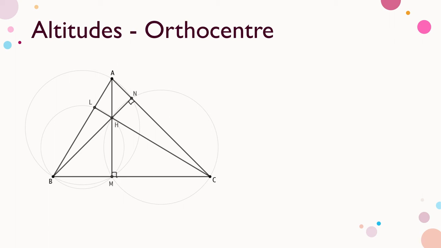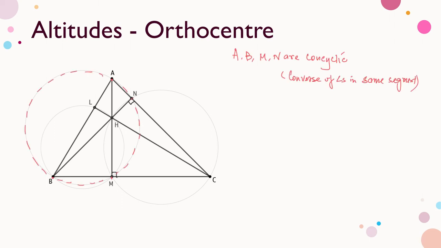First, we have A, B, M, N are concyclic for converse of angles in the same segment. Also, we have C, M, H, N are concyclic for opposite angles supplementary. Then, from the first circle, we have angle ABN equals angle NMA.